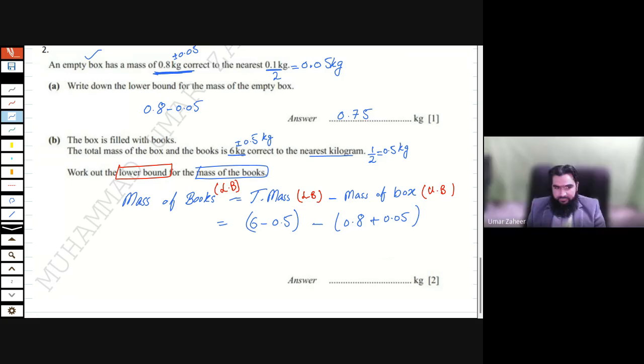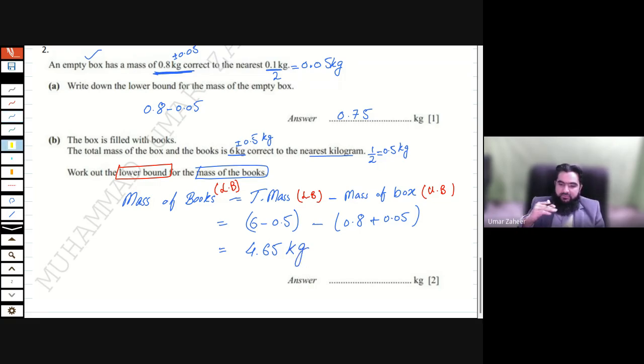Yes, the answer is 4.65. Answer will be in kilograms.